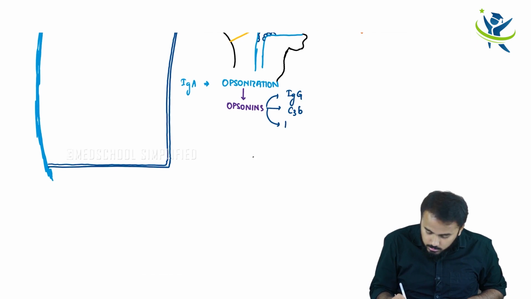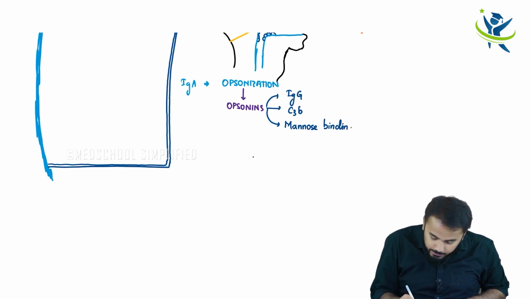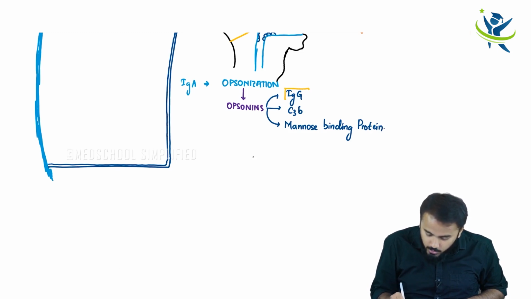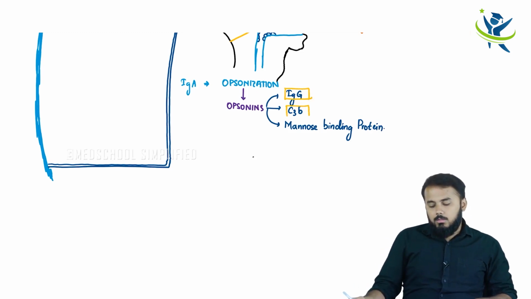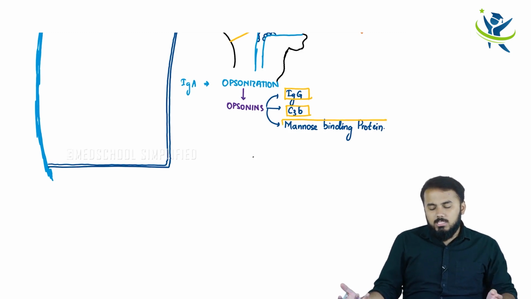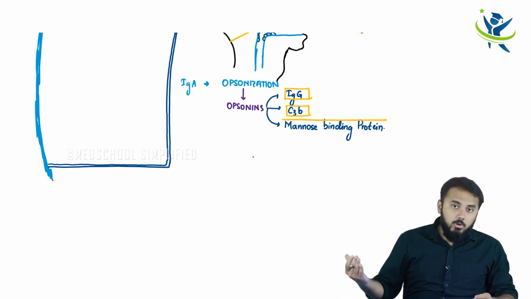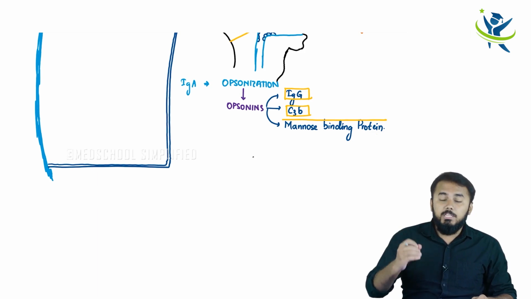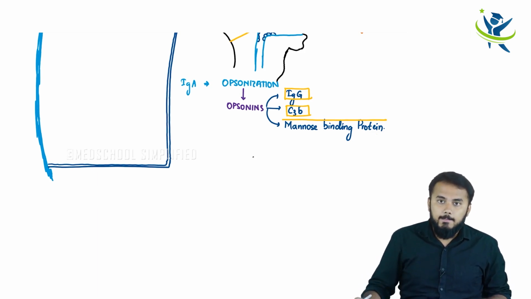So we have three types of opsonins: IgG, C3b and mannose binding protein. If you have a doubt whether only these three exist, no, there are many more opsonins, but these are the three major opsonins, the three major radium tags in your body, right?